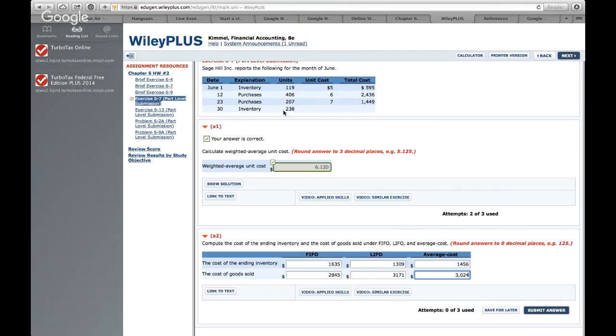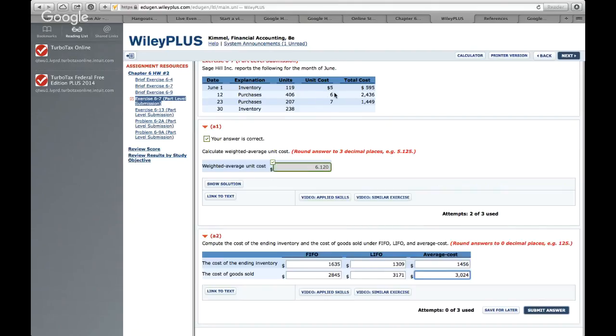And if we take 238, the ending inventory, minus the beginning inventory, we get 119 as well. So the first would be 119, the beginning, times 5, which is $595. And the second, the difference from the ending inventory to the beginning inventory, is 119.